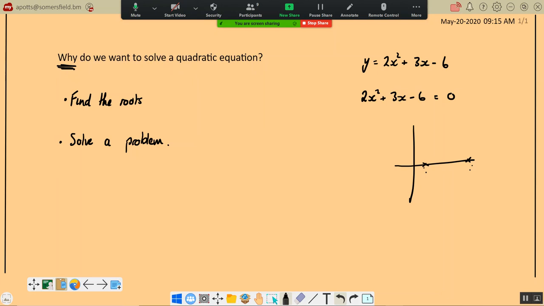Do you remember the problems that you had where you had some fencing? So if we lay some fencing out and we had a river on one side, we could find some lengths. Right? Why, by the way, does that end up as a quadratic equation?